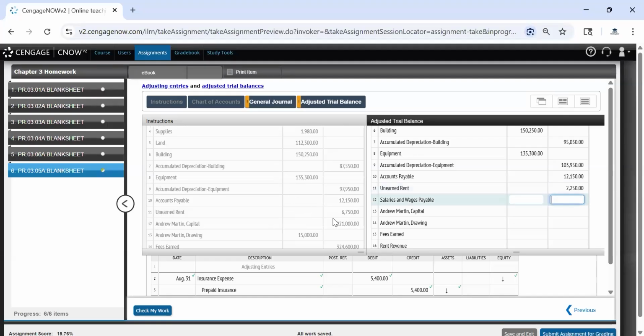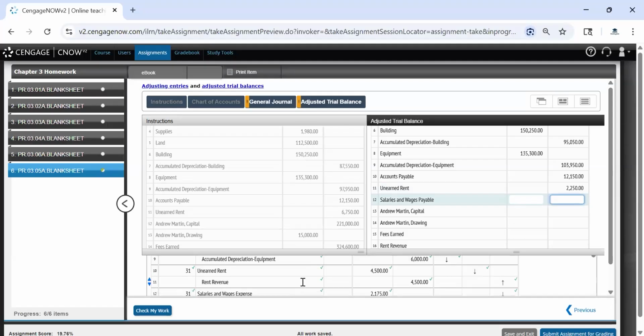So that changed, and that's also the result of the 6,750 minus the 4,500 that we reduced it by. Salaries and wages payable, that's going to be the amount that we accrued of 2,175. Capital accounts, we didn't have any entries impacting the capital accounts in this problem, so those are going to remain the same.